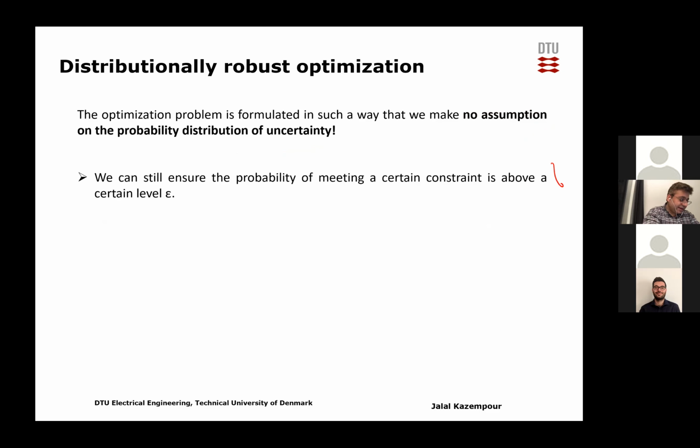So still, we will use a chance constraint also to make sure that our probabilistic constraints hold with a probability equal to or higher than a certain level, 1 minus epsilon.